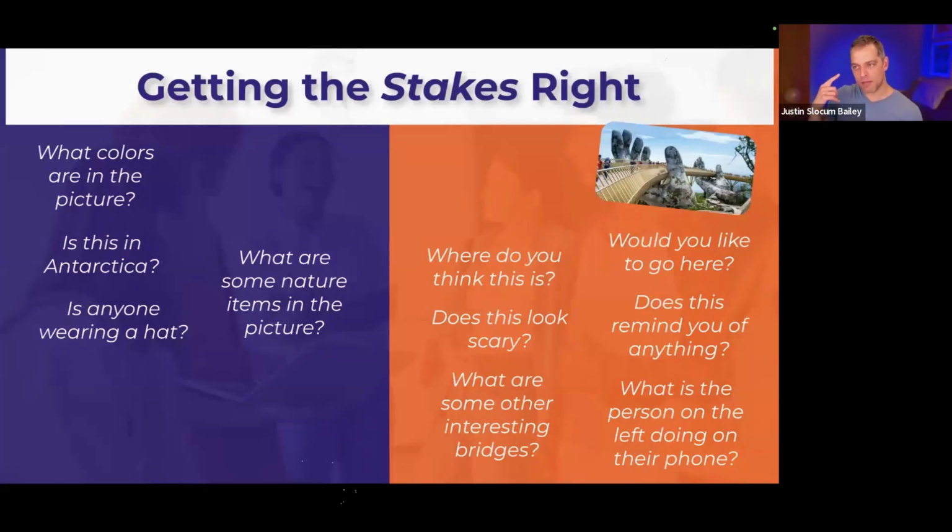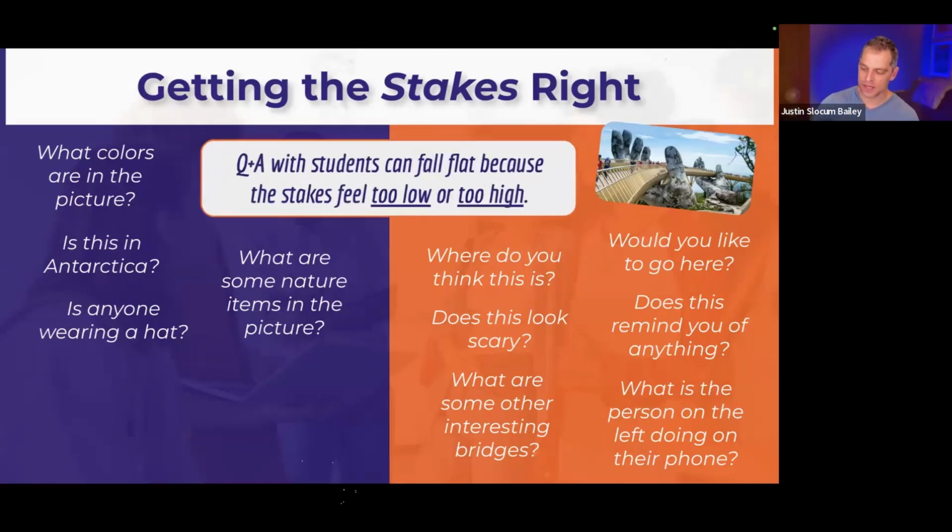Anytime a student is asked to speak or to participate in a game or whatever it is, there's a usually subconscious calculation that goes on about what good thing could happen to me by participating and what bad things could happen to me by participating. We can't control that 100%, but there are some ways we can make it feel good enough to participate, but also not too risky.